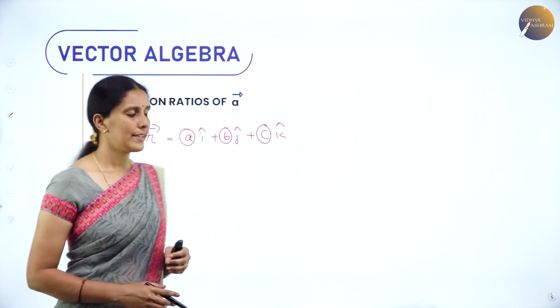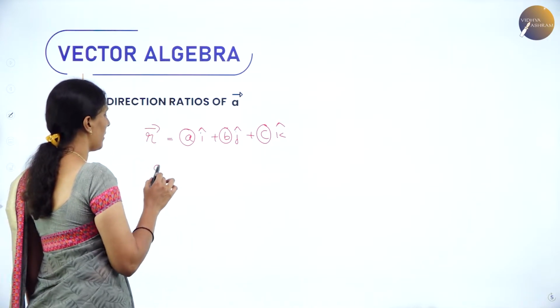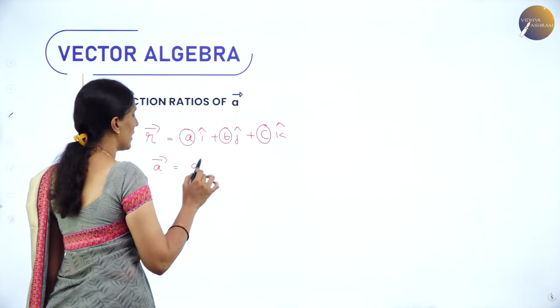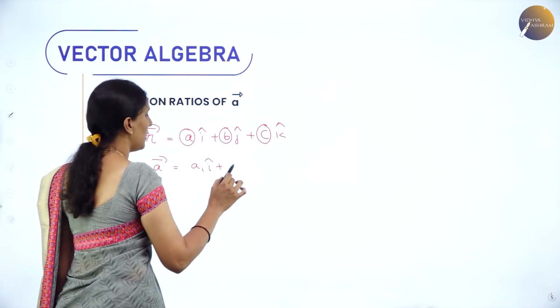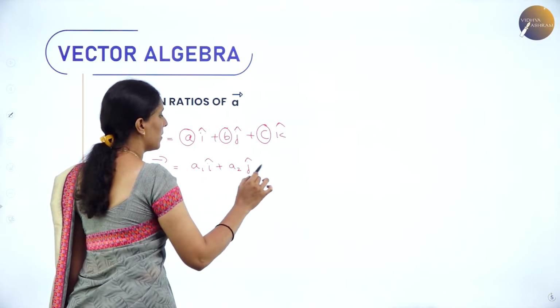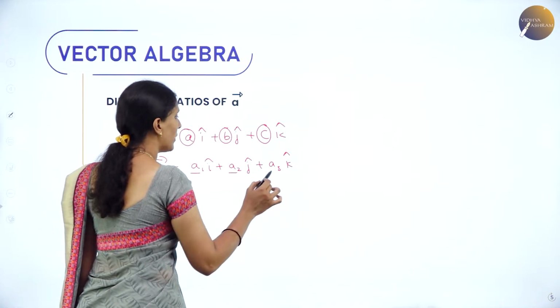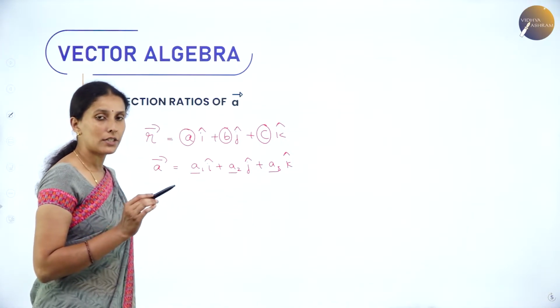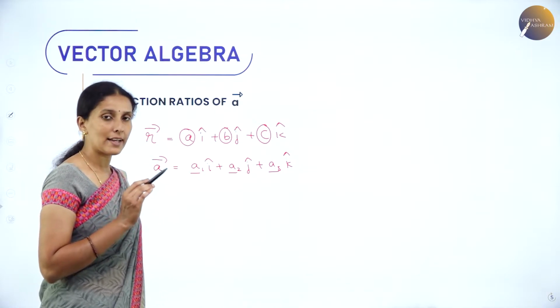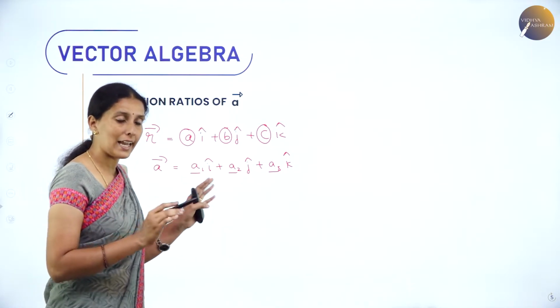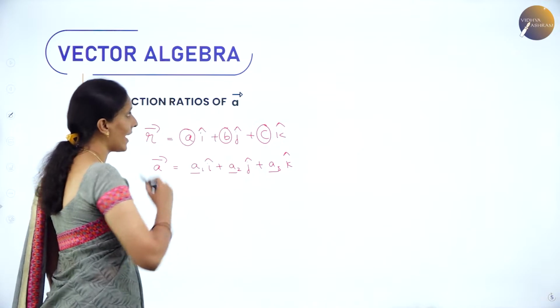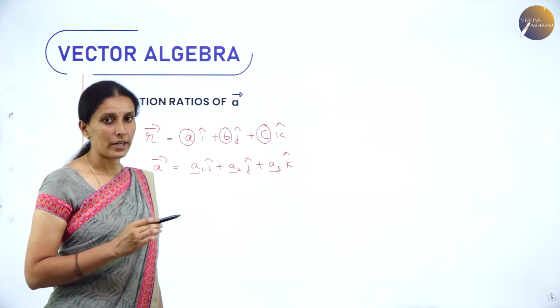Now, when I say vector A as a1 i plus a2 j plus a3 k, here a1, a2, a3 represent the distance of the position vector from x-axis, y-axis, z-axis, which are scalars. So these are called the direction ratios of vector A.